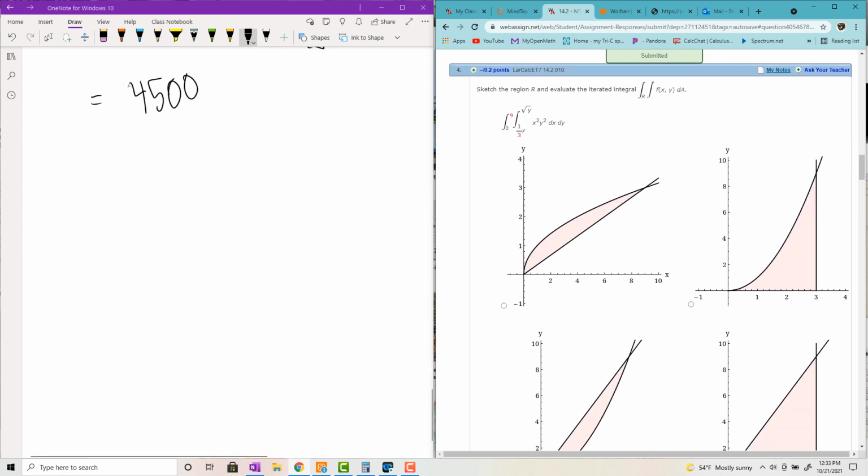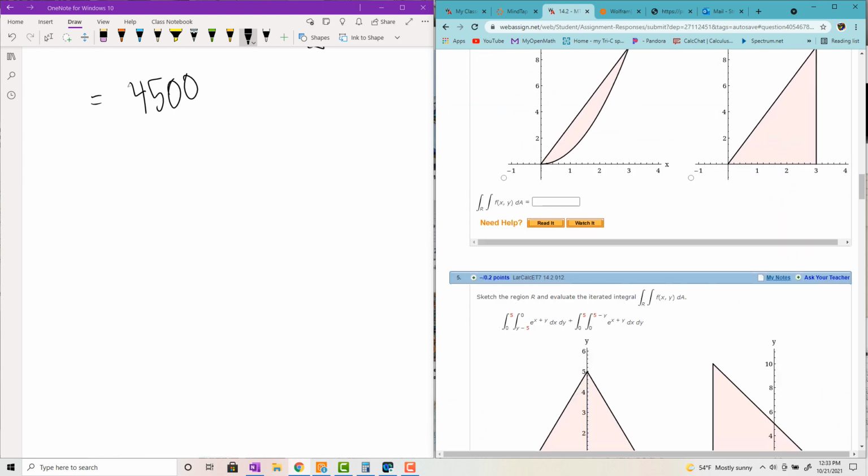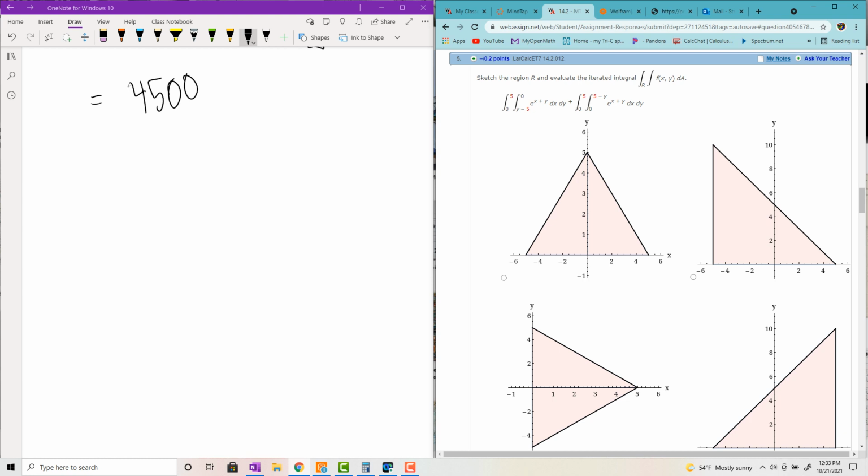Okay, great. So here we have more of an oddly shaped region. Let's skip that one. Well, here's one of the annoying ones where you have two regions that you're integrating over. You need two integrals to do it.